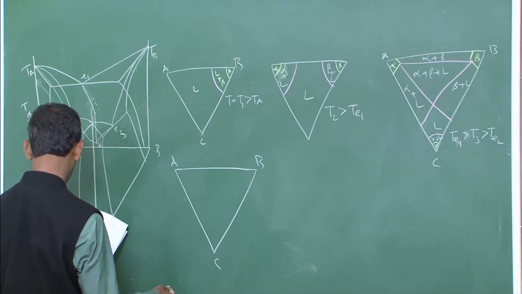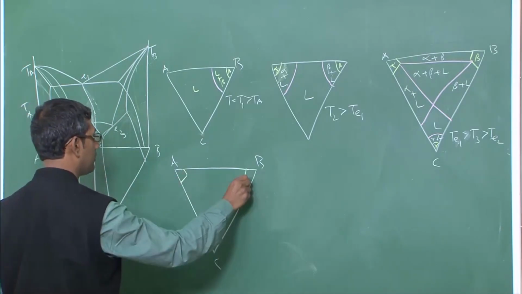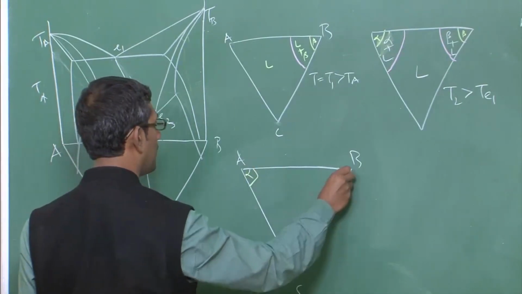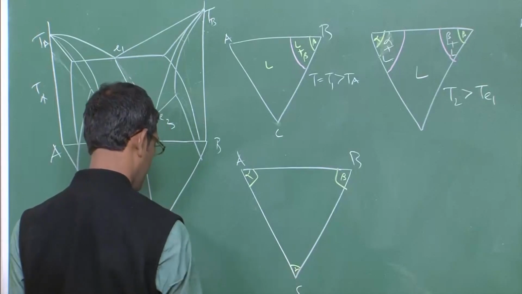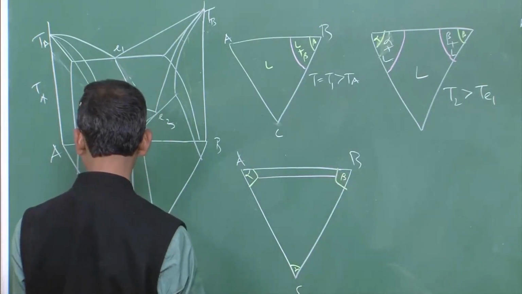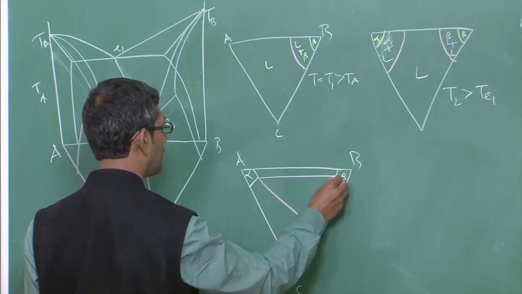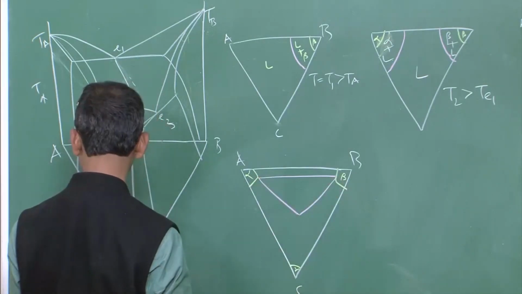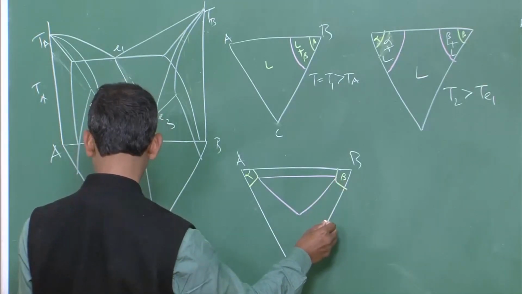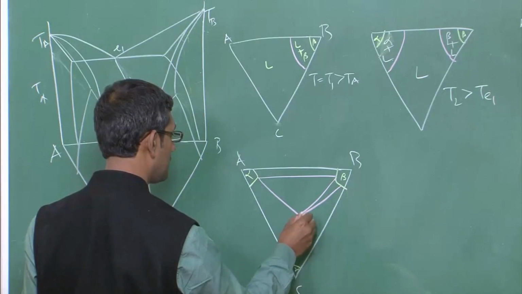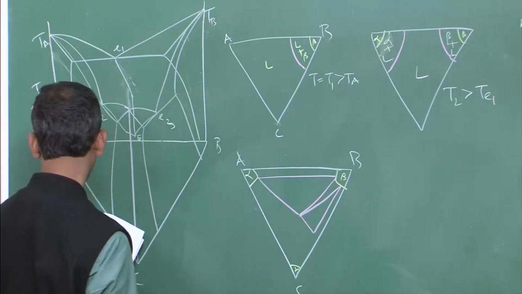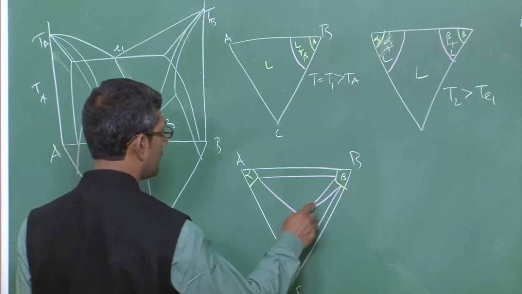Now, you have alpha, beta, gamma. Okay. So, you draw this triangle, there will be two different types of triangle. One is this, and then you have a triangle here. Correct. This is one triangle.